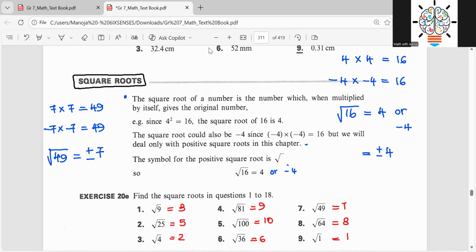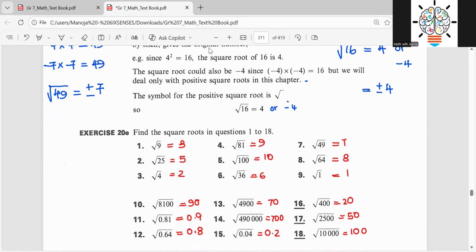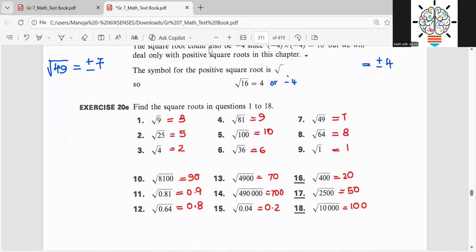Then if you get the square root of these, so easily you can get that. But look at these values. Now, when you write the square root of 8,100, right, you get the square root of 8,100.